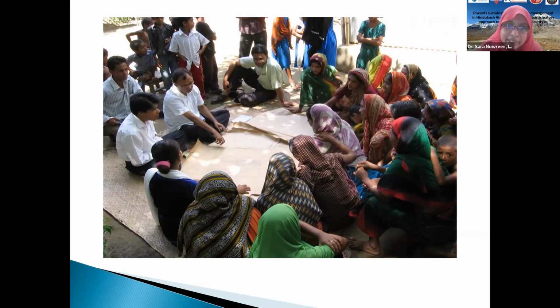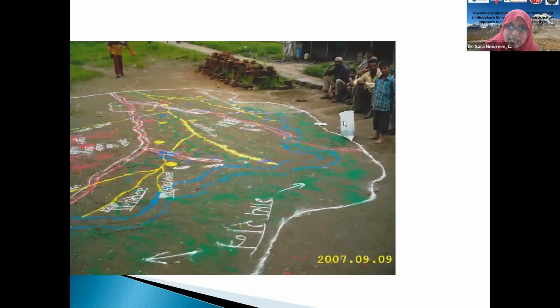So here, you can see that this will be done by the stakeholders, not by us. This is a case of India, when our students went and did this kind of resource mapping. You might think that we can easily get it through our maps, or from Google Earth Engine. Why do we need stakeholders to let us know which river, or where the forest area is, or to make a map using their participation?